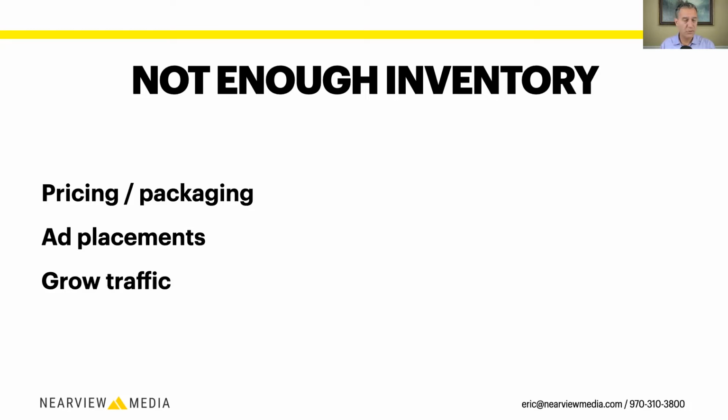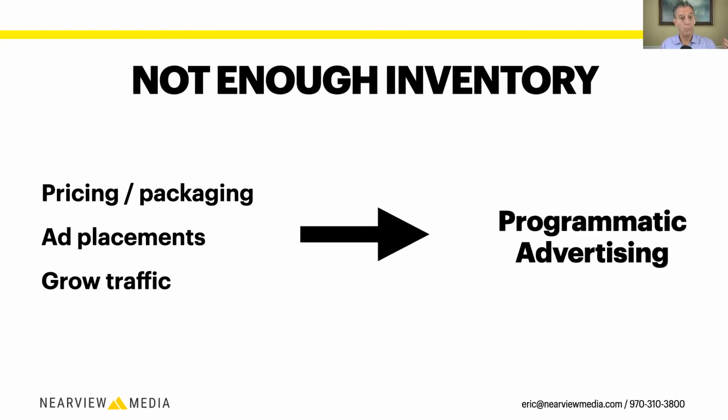What they'll oftentimes turn to is programmatic advertising. So we as media companies will, instead of selling our own inventory on our own website and our own email newsletters, turn to programmatic. We'll work with a programmatic partner and start to sell programmatic display advertising or geo-targeted advertising or programmatic email, rather than selling our own inventory.